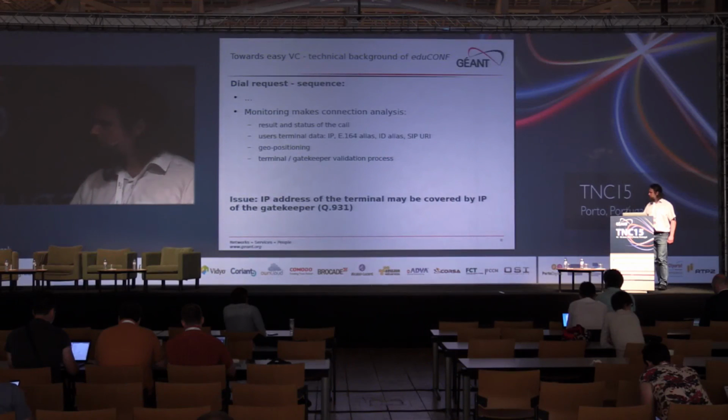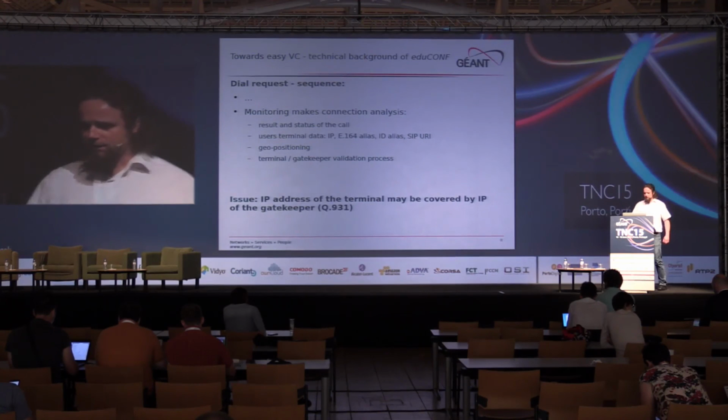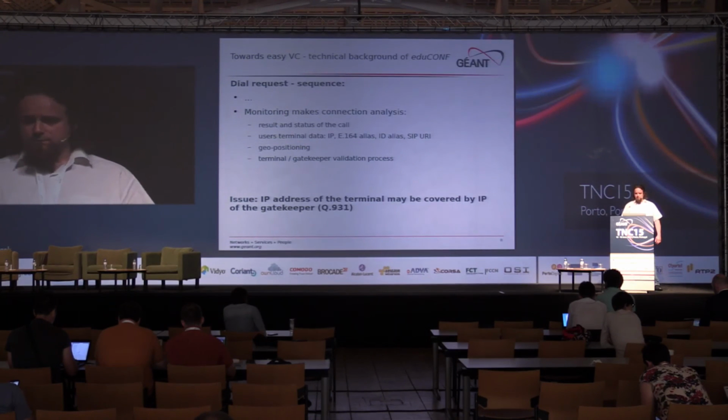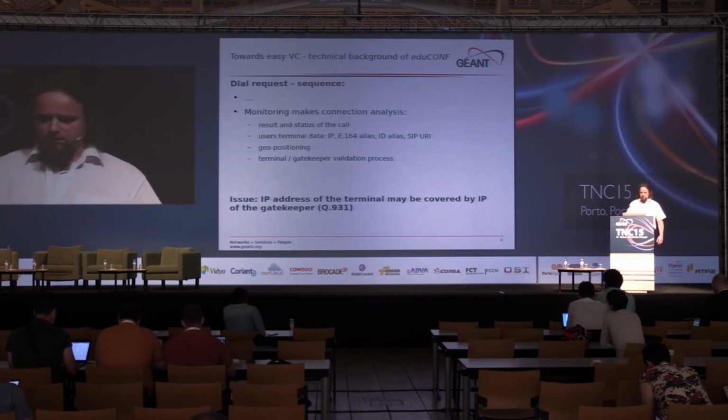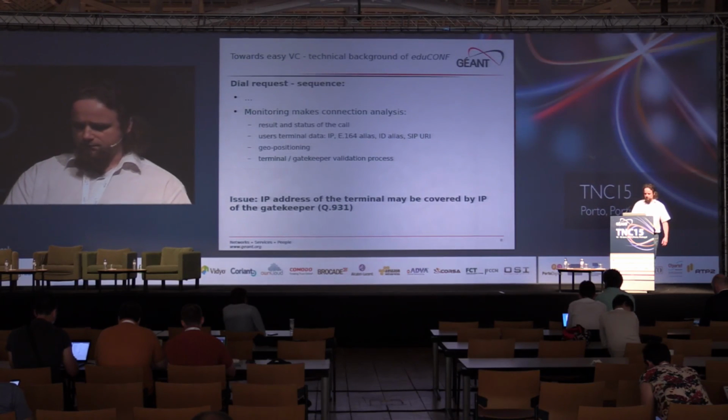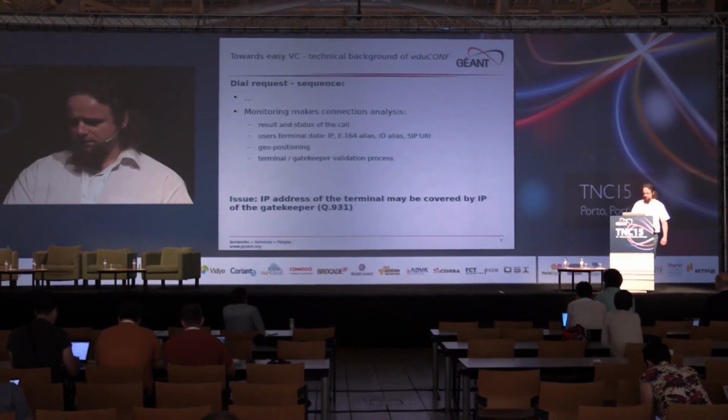Geo-positioning is being done, and we have to check whether the address which was taken from this connection is actually the terminal or the gatekeeper address, because as you can see, there is an issue. The IP address of the terminal may be covered by the IP address of the gatekeeper, which is normal, but we have to check whether we are storing gatekeeper information or terminal information.